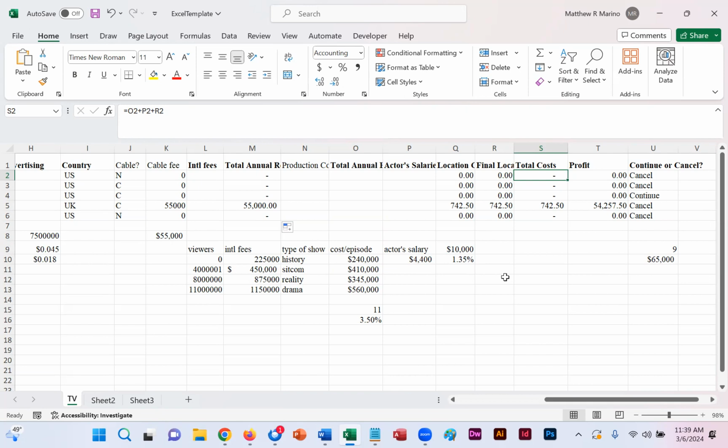So our total annual payments, which is what we get from our production cost, plus the actor salaries, plus the final location costs. Okay, thank you. No problem. So in mine, it's O plus P plus R. It may be different depending on how you set up yours.